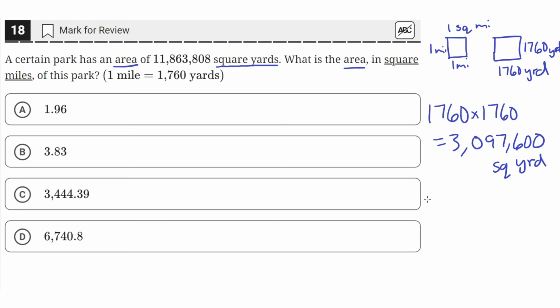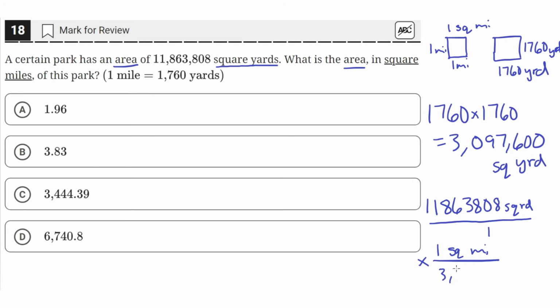And since we're given that 11,863,808 square yards is the area, if we multiply that with 1 square mile divided by 3,097,600 square yards, then the square yards here will cancel out, and we'll be left with units of square miles.